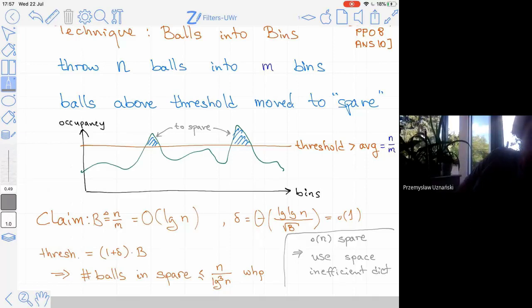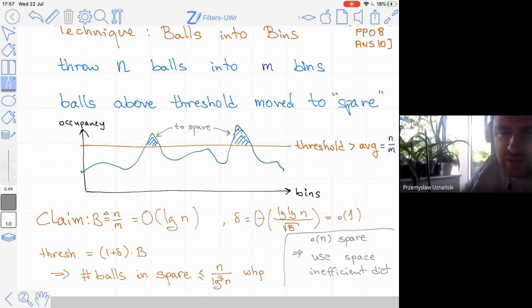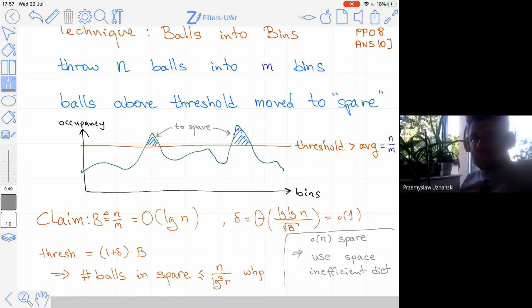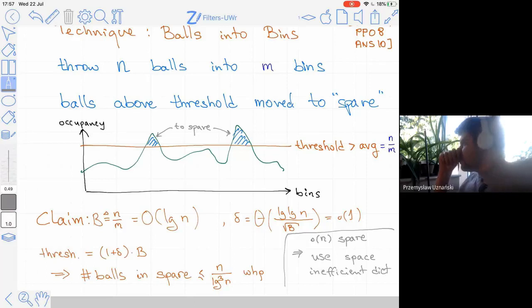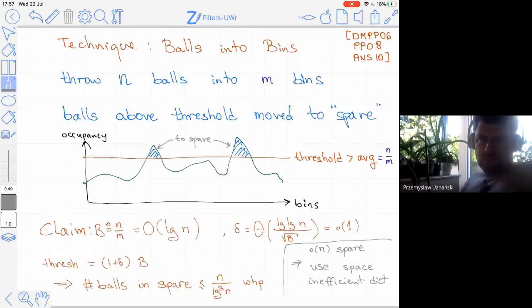So if I understand correctly, you are relying on the fact that with a single choice, the process is basically memoryless. If you remove the ball, it's like you have never inserted it. Yes, this is a major point. I will go into it in a second because it becomes tricky when you talk about dynamic versus incremental setting. What you're asking is incredibly important, because there's a difference between the incremental and the dynamic setting.